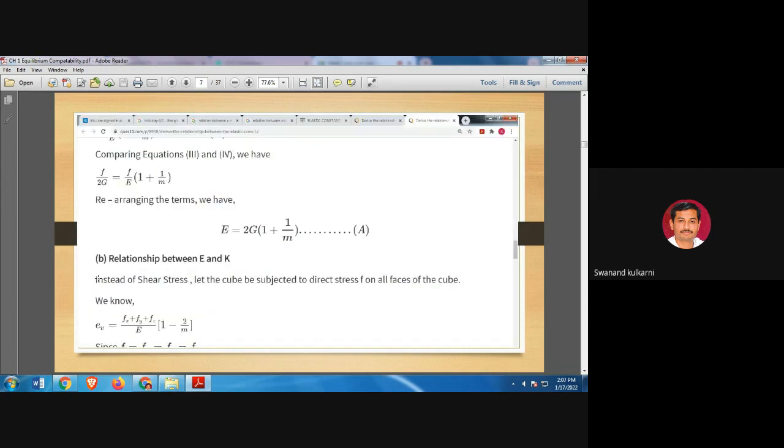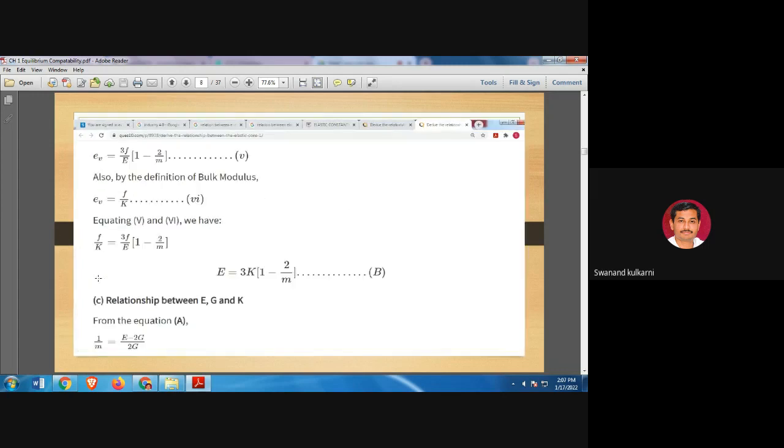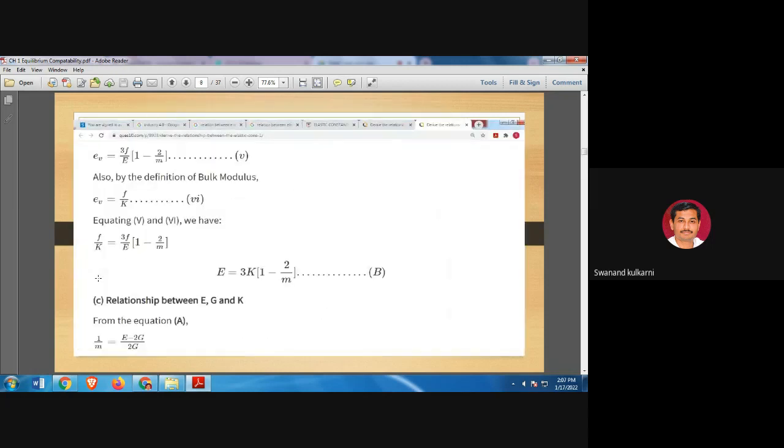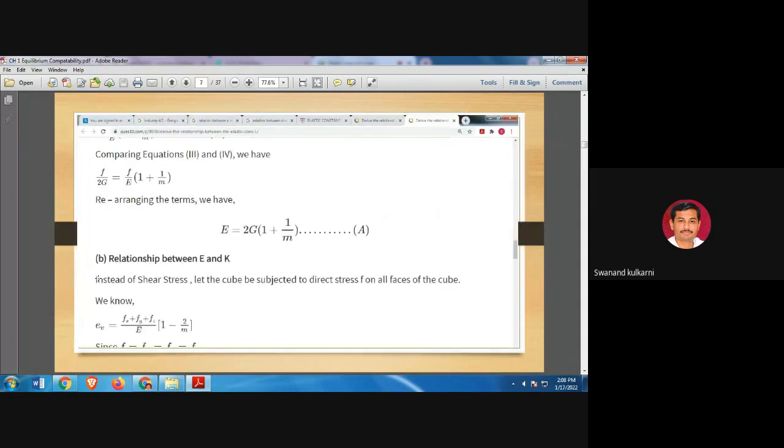All of you are already familiar with these elastic constants, and we have already established the relationships between them. What is the relationship between E and G?